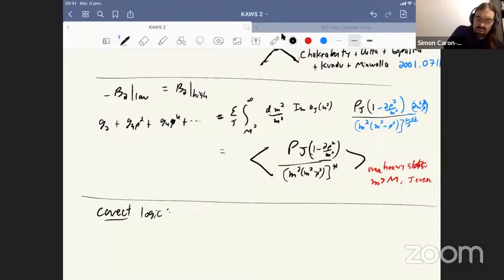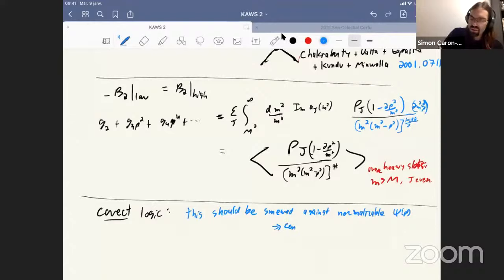is that, remember that we're supposed to smear the sum rules, they're not valid yet. And smearing against a wave packet that is normalizable is going to suppress the large spin contribution. Smear against normalizable wave functions, and that's going to make things convergent at large spin, because these Legendre polynomials at large spin oscillate very violently.